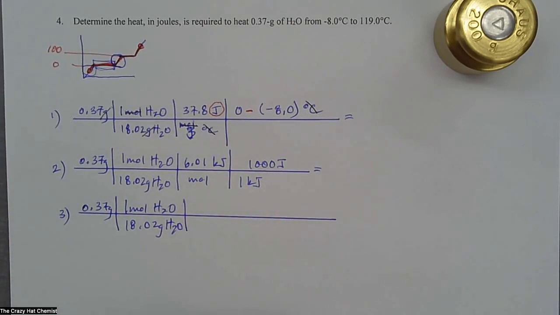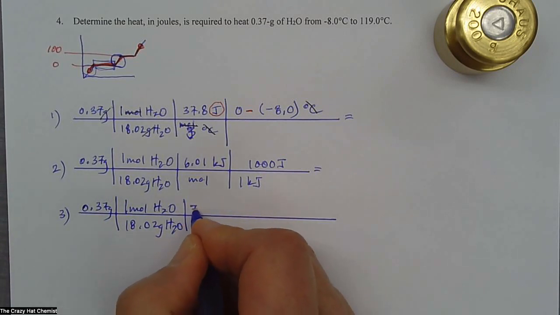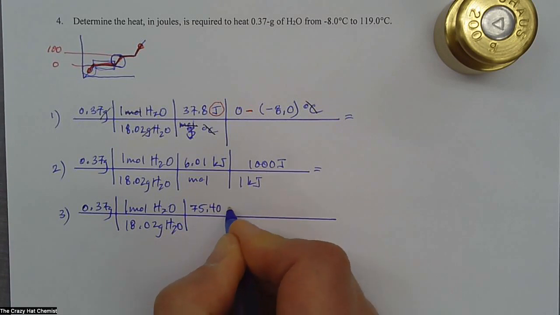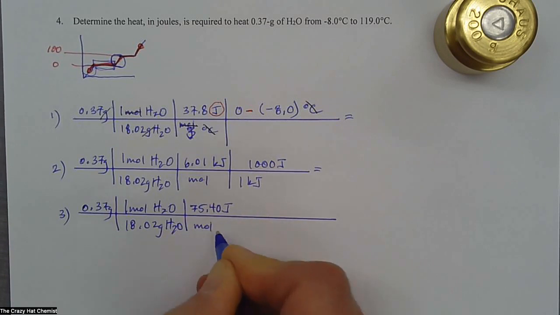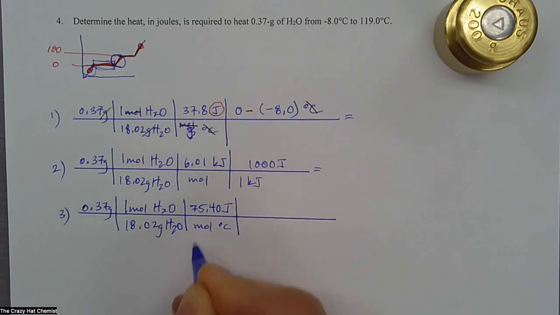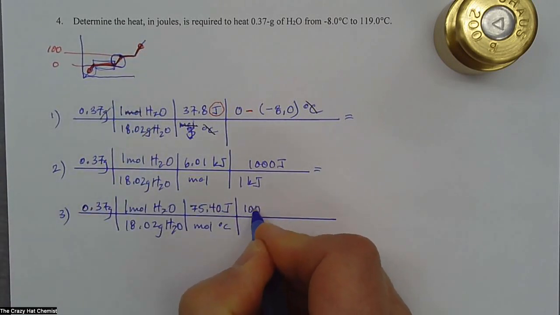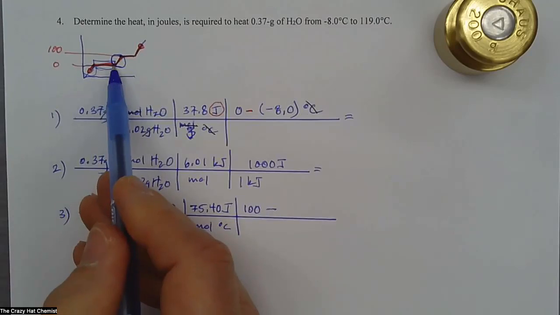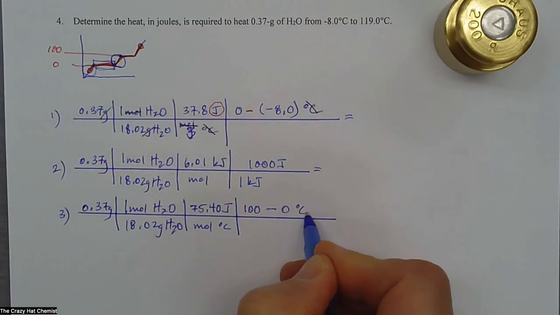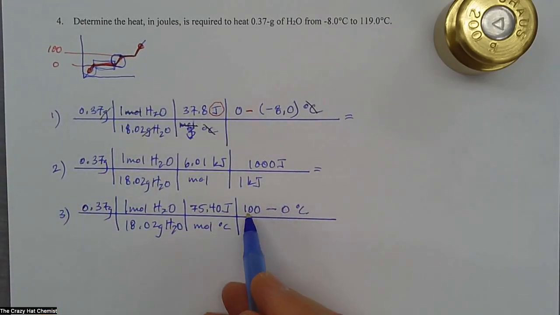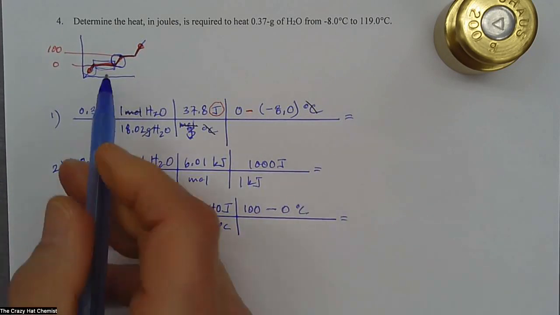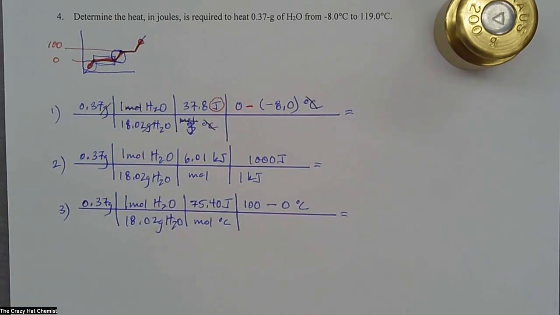And then we are going to use the molar heat of water, and that is 75.40 joules per mole degrees Celsius. That's moles right there. And then our final temperature in this section is 100. So that's 100 minus the initial temperature, that's 0, and that's degrees Celsius. These have an infinite number of significant figures. It's just defined in that section of the graph.